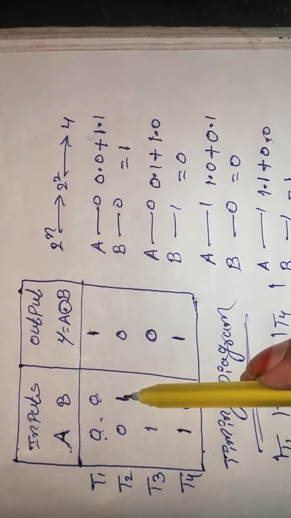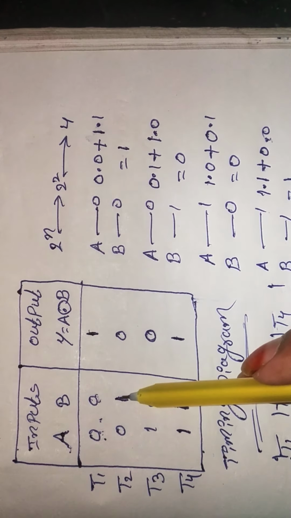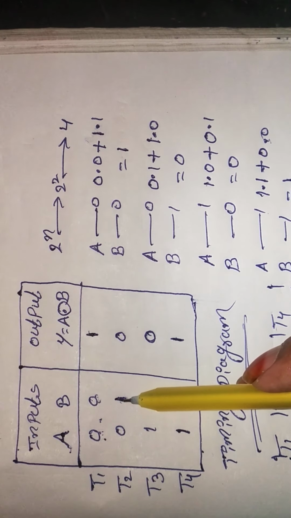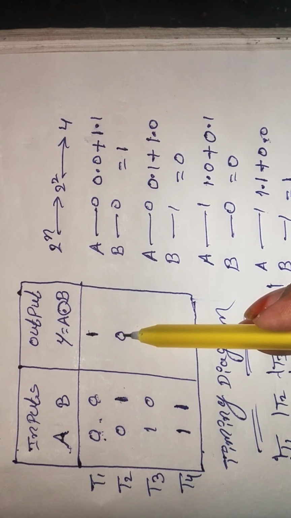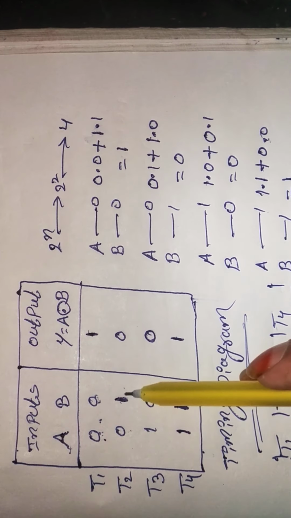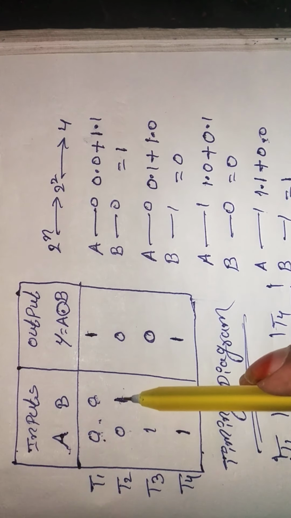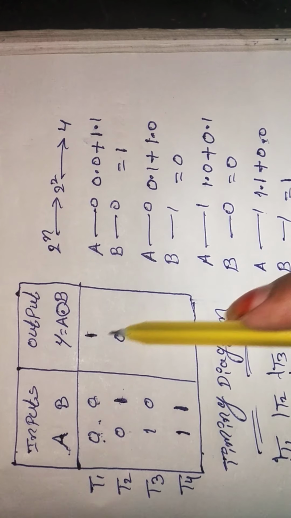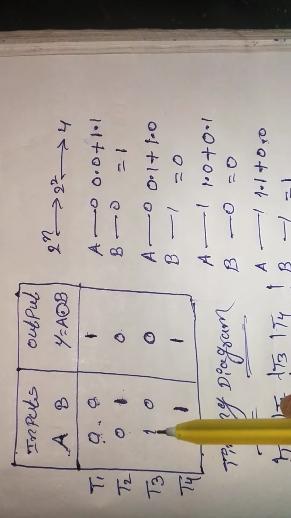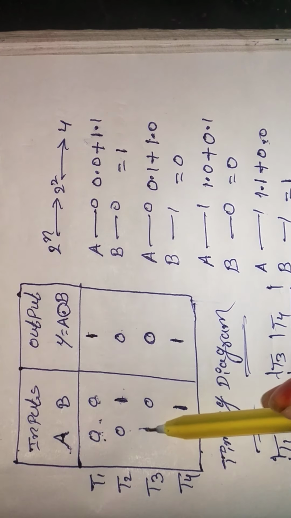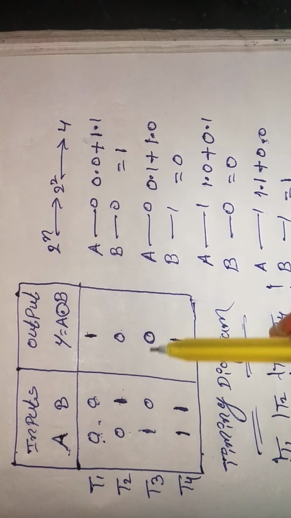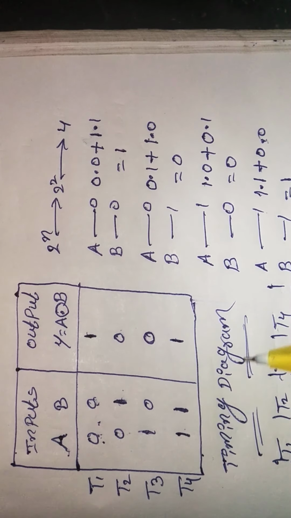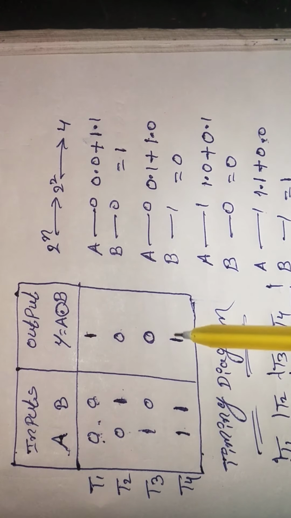For 0 1, one even and one odd, the output will be 0, but in XOR, the odd ones detector, the output will be 1. That means the XNOR is the opposite of XOR. Here one odd one, so the output will be 0. Here 2 ones, that means even ones detector, so the output will be 1.